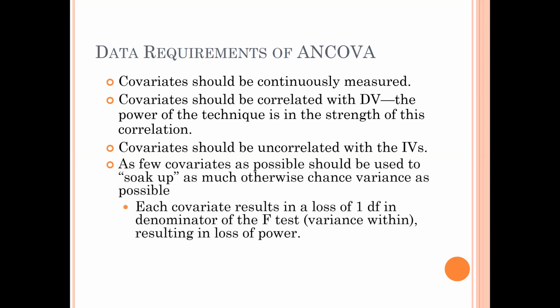You should use as few covariates as possible. Each results in a loss of 1 degree of freedom in the denominator of the F-test, so you get slight reductions of power, particularly when you use a lot of covariates.